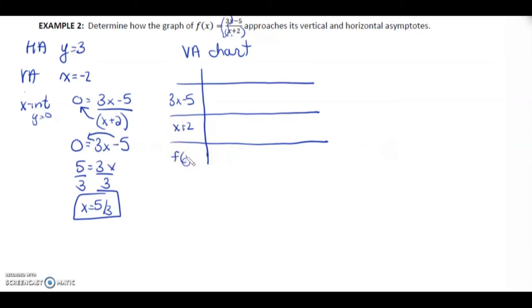Okay, you can put f at x, meaning the entire function. Okay, numerically, negative 2 comes first. So we're going to assess negative 2 from the left side. We're going to then assess negative 2 from the right side. And then we're going to assess the x-intercept. Watch, you'll see the x-intercept, it's easy.